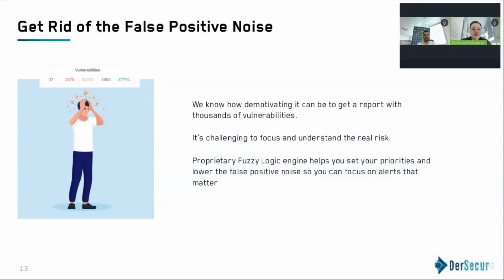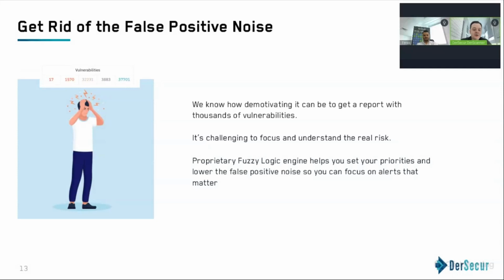So it means once you scan your application and you, for example, have been able to find, let's say 4,000 vulnerabilities, and you're not quite sure which ones are the most important ones and which ones you have to focus on in the first place. So you can enable Fuzzy Logic Engine.